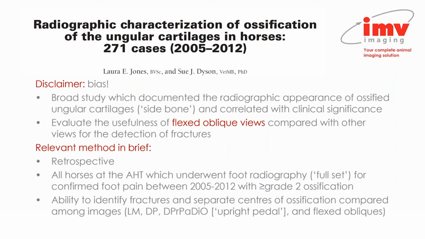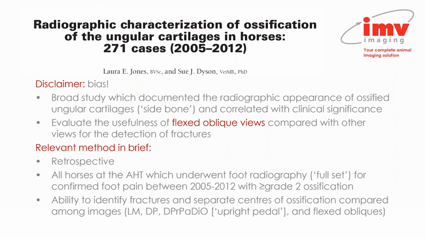It was a broad study in which we tried to document the radiographic appearance of ossified ungular cartilages, or side bone, and correlate that with clinical significance. As part of this study, we wanted to evaluate the usefulness of flexed oblique views in comparison with other views for the detection of fractures of ossified ungular cartilages.